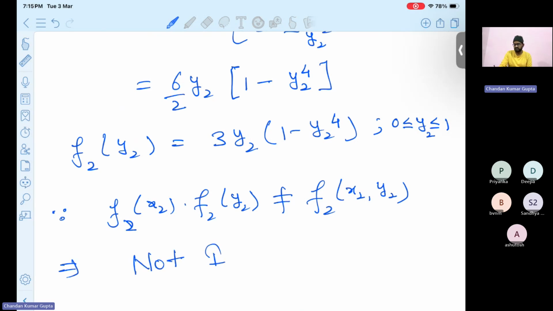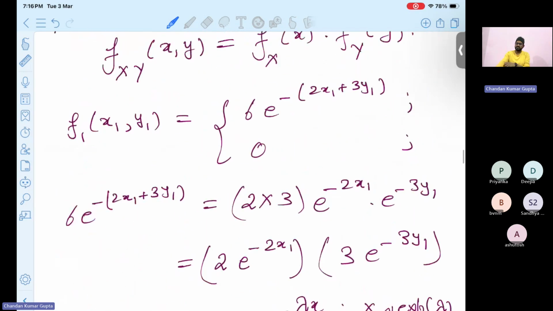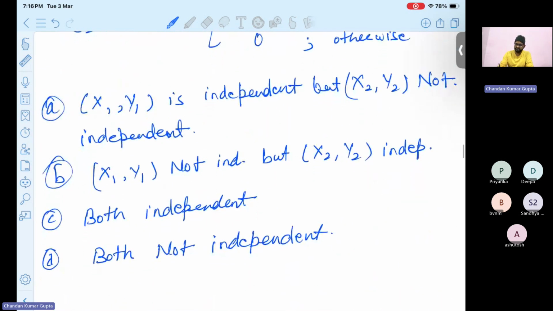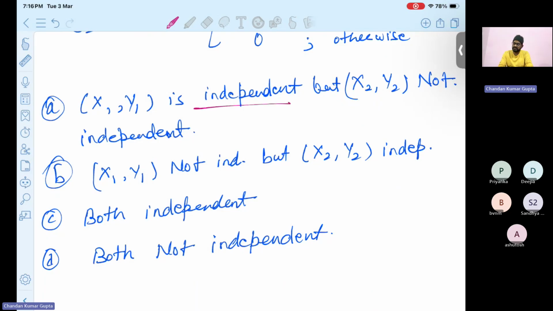It is not independent. So this means we have 4 conditions here. That means x1, y2 is independent and x2, y2 is not independent. Option 1 is the correct one.